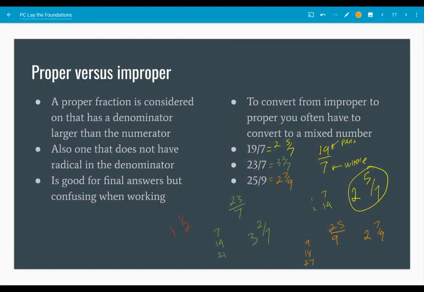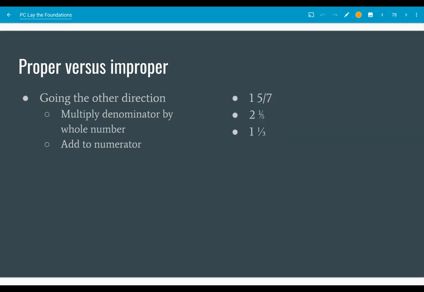So hopefully that gives you an idea on how to convert from improper to mixed numbers. Now, if we go from improper to mixed, we have to be able to go the other way. Okay? So when we have 1 and 5/7, the way to do that is you take the denominator, multiply by the whole number, and then add to the numerator.